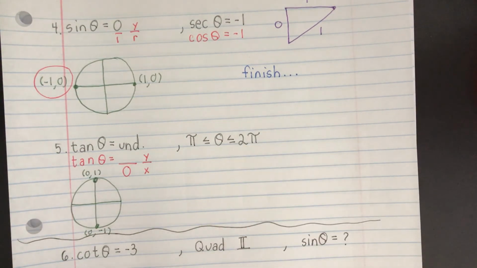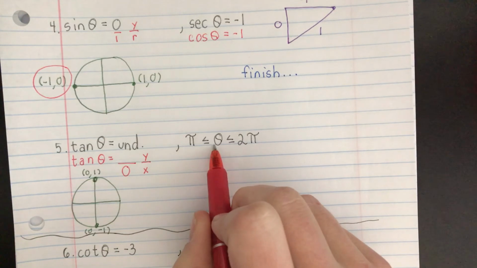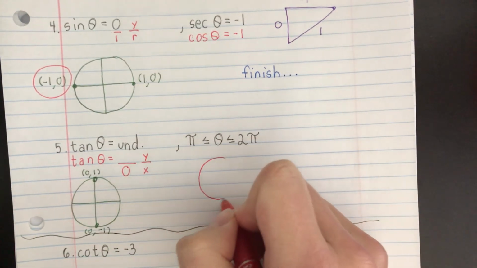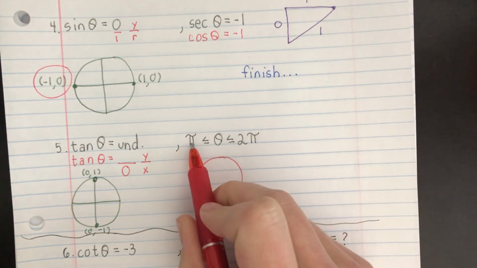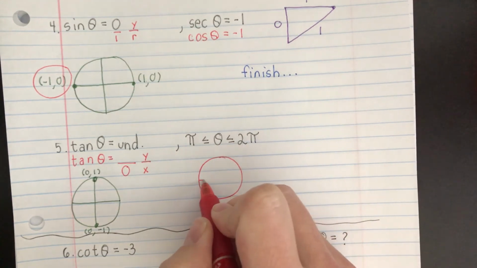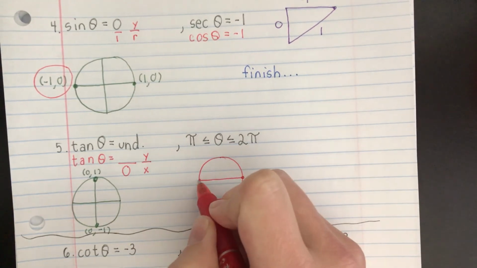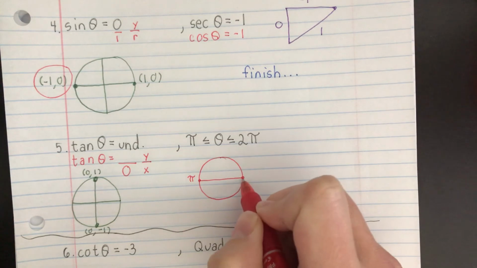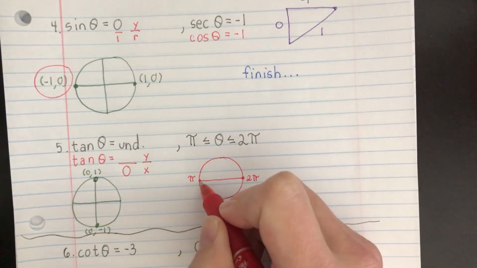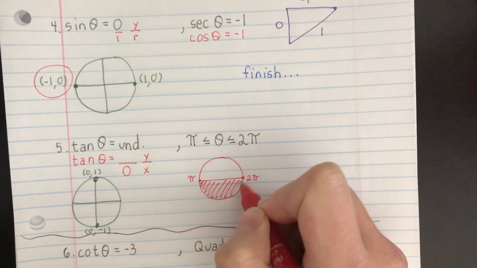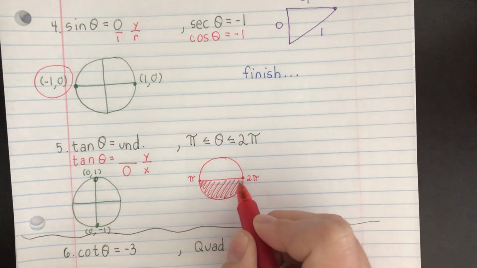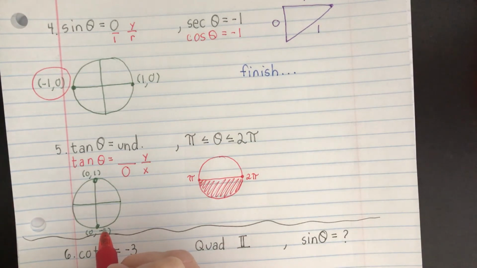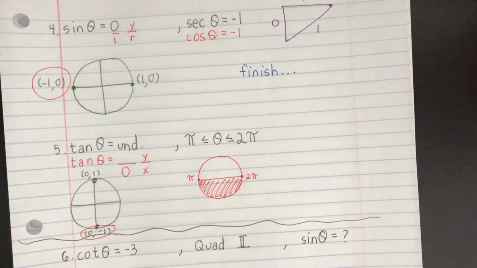Well, let's use our constraint to see if that helps. We know based on the constraint that theta lies between pi and 2 pi. Here's pi, here's 2 pi. If it lies between pi and 2 pi, it's got to be somewhere between here and here. So that must mean we are talking about this point here.